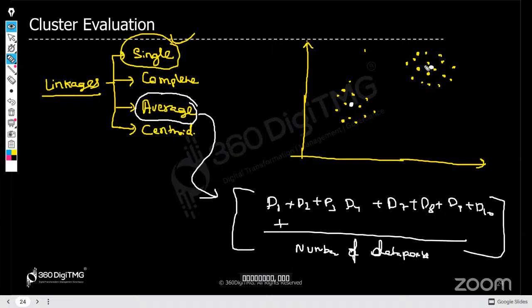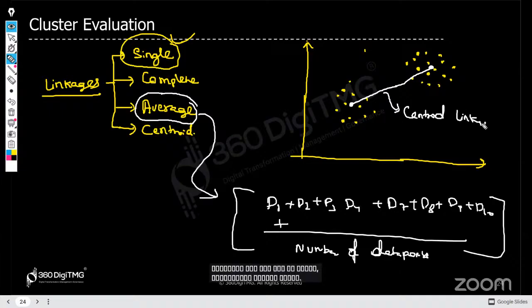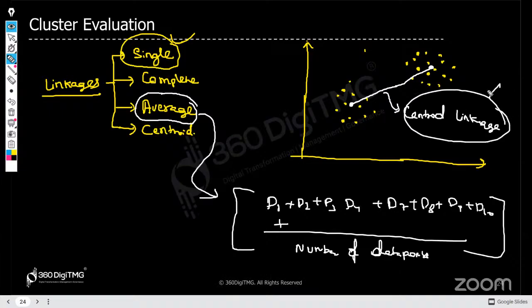If we find the distance from the centroid of this cluster to the centroid of this cluster, we call it centroid linkage. That's how we can easily find the distance of one data point with another data point, one cluster with another cluster, or one cluster with a data point, by considering these linkages.